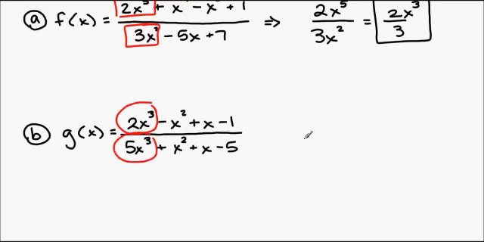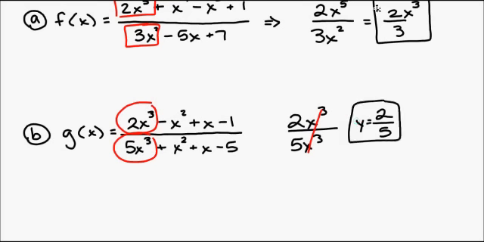It's not always the first term, so you should definitely always double check that. So we have 2x cubed over 5x cubed. The x cubes cancel, so our end behavior model is y equals 2/5. Okay. I should probably write y equals up here also.